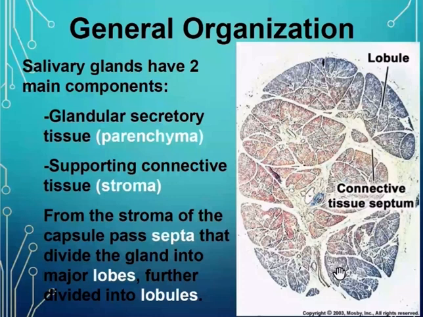From this surrounding capsule protecting the gland, we have septa that subdivide the gland into major lobes, for example, 1, 2, 3, and 4 lobes. And further, these septa subdivide the lobes into lobules.